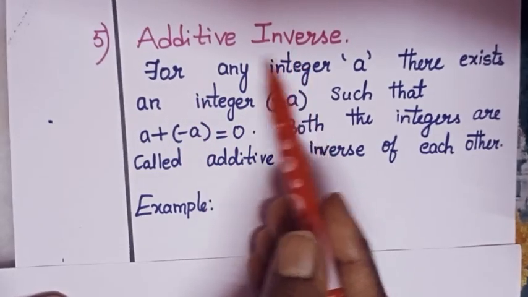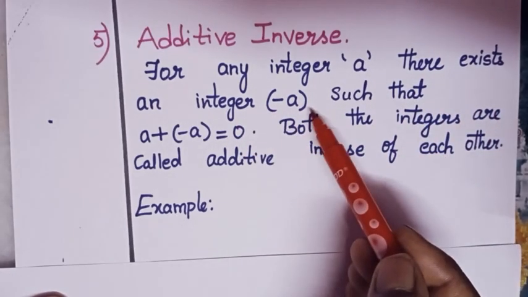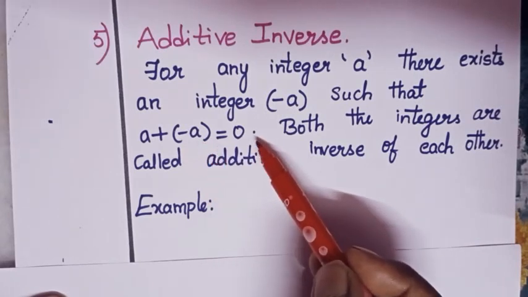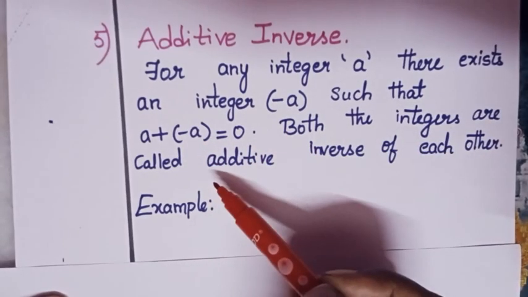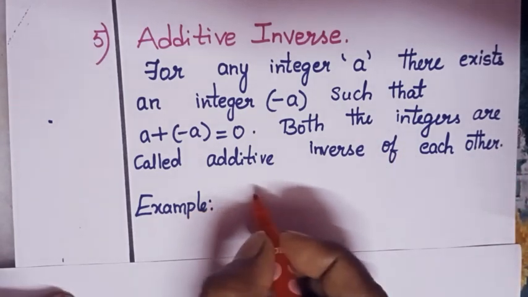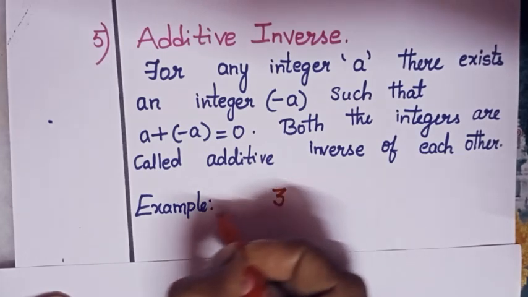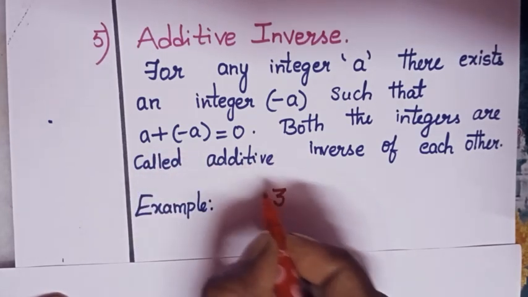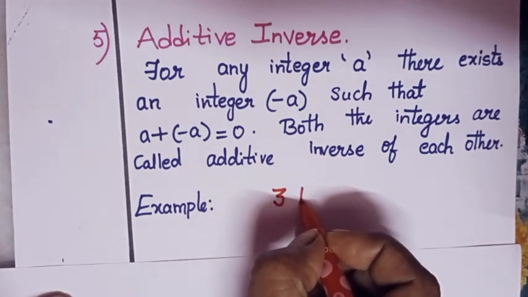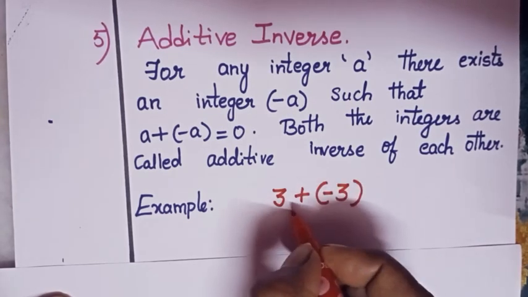Additive inverse. For any integer A, there exists an integer minus A such that A plus minus A equals 0. Both the integers are called additive inverse of each other. That means, for example, children, let us take in the A place 3. A plus minus A. So here we are taking the number as 3 plus minus A, that is minus 3.